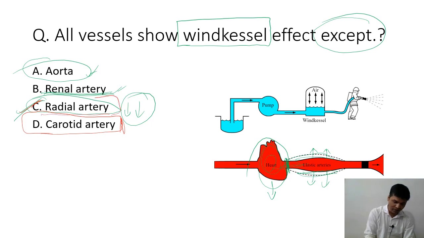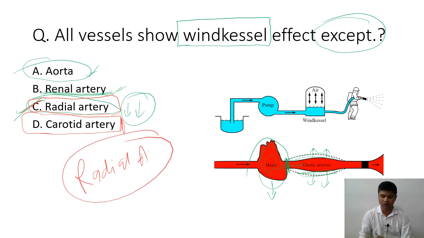So the answer will be radial artery. It has less elastic tissue, and because of that it shows less Wien-Kessel effect. Okay, all except.